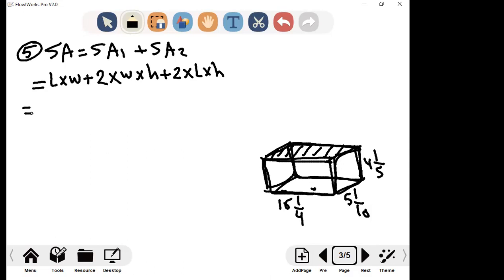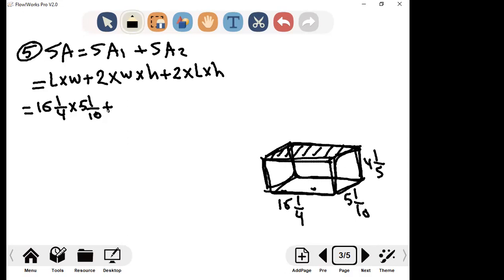Now this is equal length by width, 16 and 1 over 4, multiply 5 and 1 over 10, plus, if this was alone, what would I put here? 2 length width, this is the original formula, right? See the difference? Plus 2 by width by height.